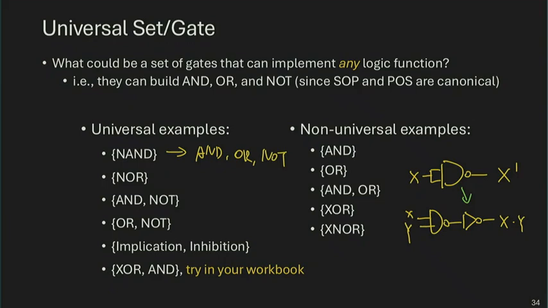I can build an OR gate by, how do I do to get an OR gate? Any ideas? Using the NAND gate, how to build an OR gate using NAND gate. All right, so I'll show you this one.